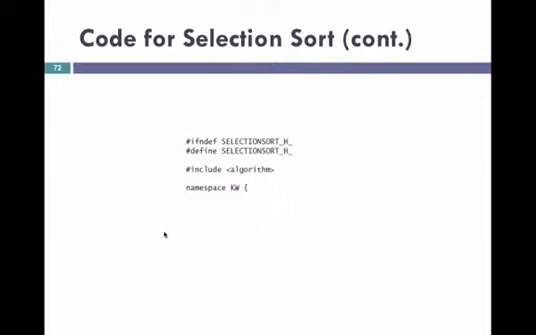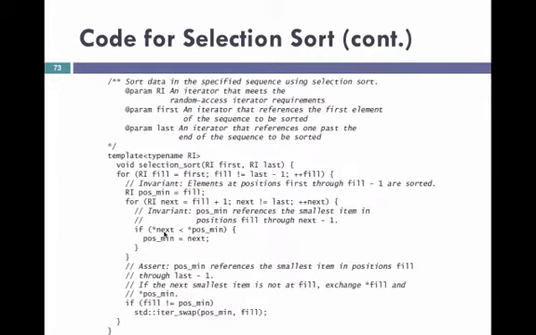Here's the code for a selection sort. Here's a template function called sort that takes a first and last, or random iterators. We'll start at the first up until last minus 1. We'll increment fill each time.